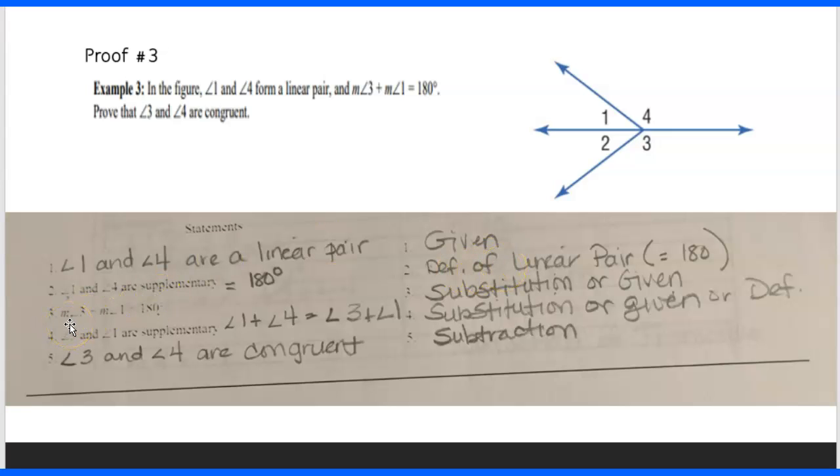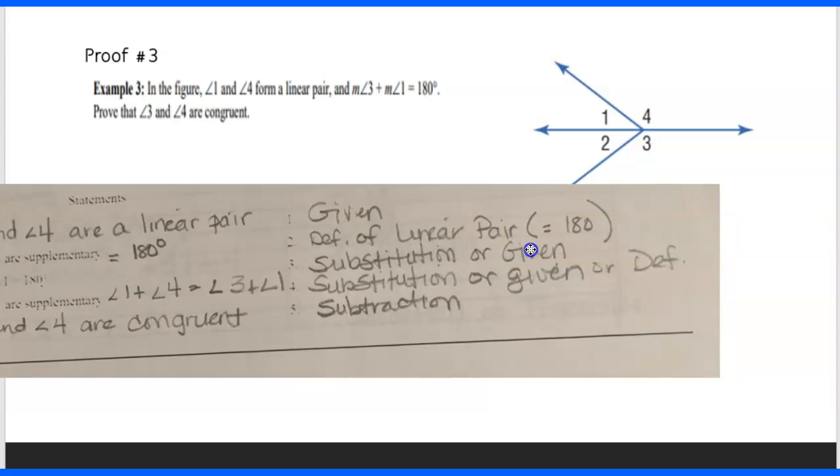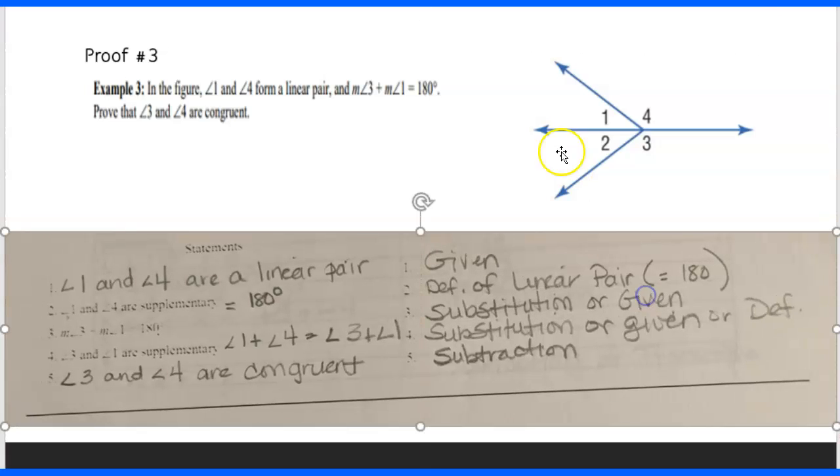Then they had that, oh, I can't even read this, measure of angle 3 plus the measure of angle 1 equals 180 degrees. And I put substitution there, but I think probably the better is given, because they give you that. So up here, it's given.